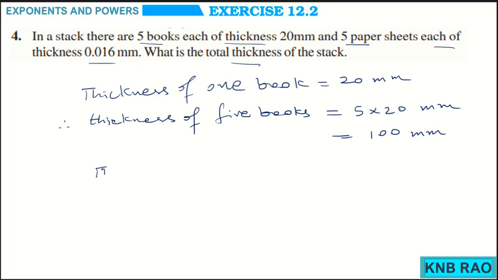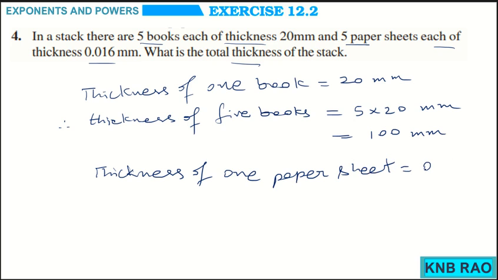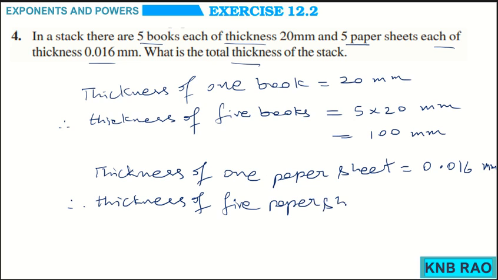Along with them, 5 paper sheets are there. So thickness of one paper sheet, which is 0.016 millimeter, and therefore thickness of 5 such paper sheets will become 5 into 0.016 millimeter.